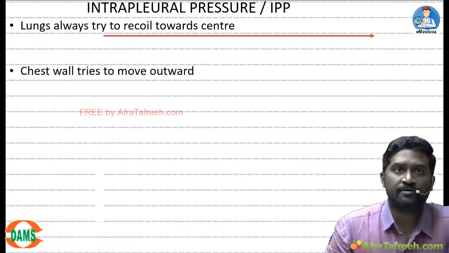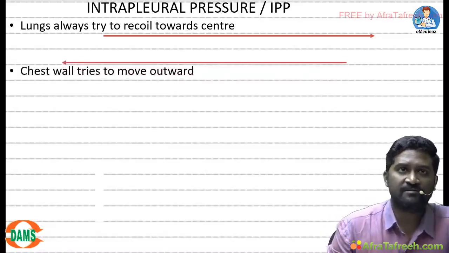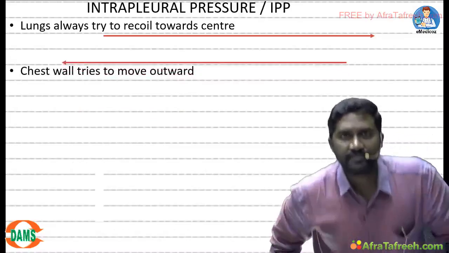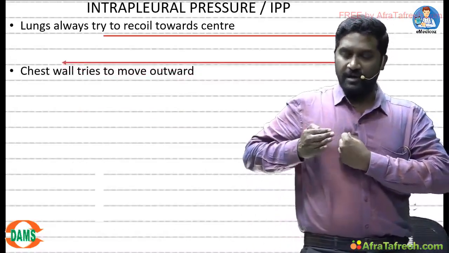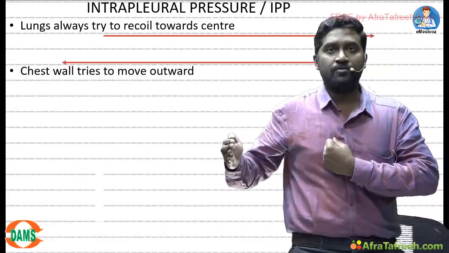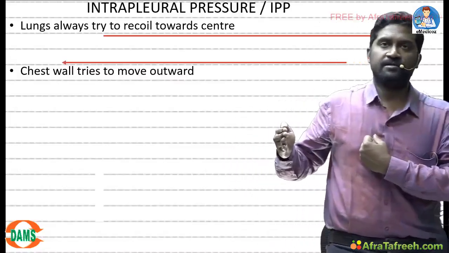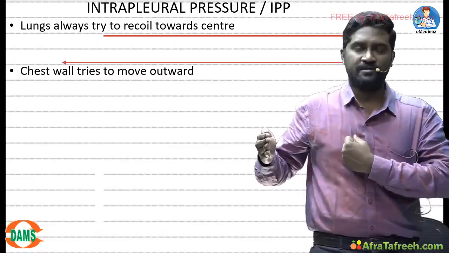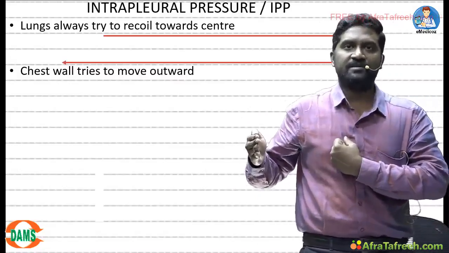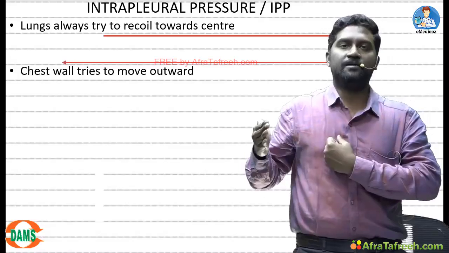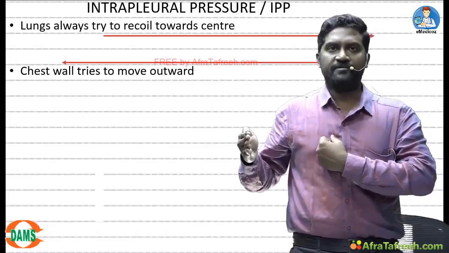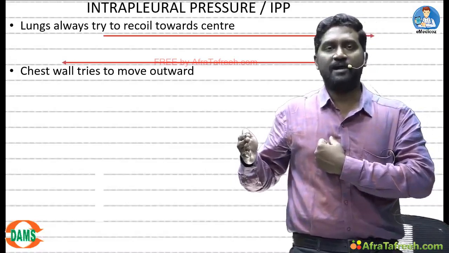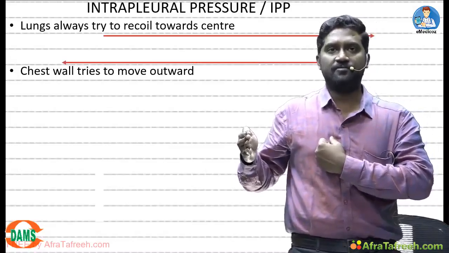And they have noticed the chest wall's tendency is to move outward. So the lung's tendency is to recoil towards the center, and the chest wall's tendency is to move outward. If these two things happen simultaneously, your inspiration and expiration will not be comfortable. To balance these two opposite forces, in between there is a balancing pressure called intrapleural pressure.